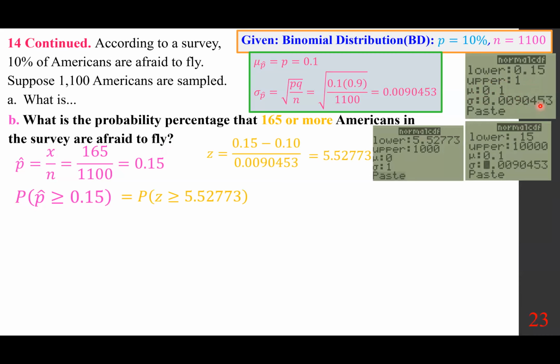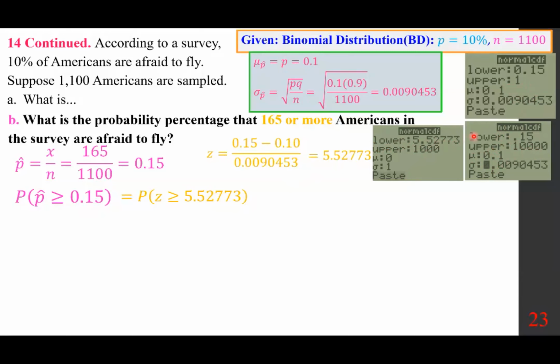Now notice, I wanted to show you here. Remember, the reason I'm using 1 is because I'm using p hat, and therefore the upper is 1. As I said, the technology doesn't recognize it. If instead of 1, I put 10,000, both of them will give us the same answer. Or in this case, if we go with the z-score of 5.52773, with this one, everybody, we must use 1000.